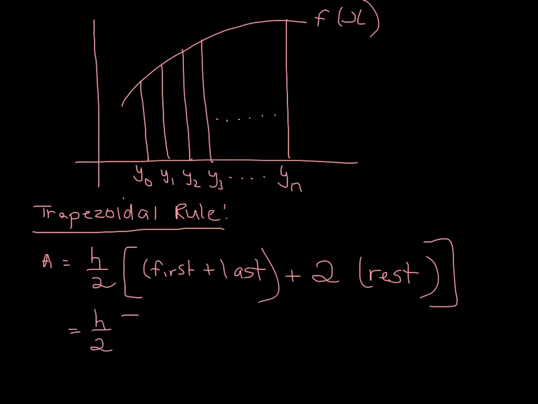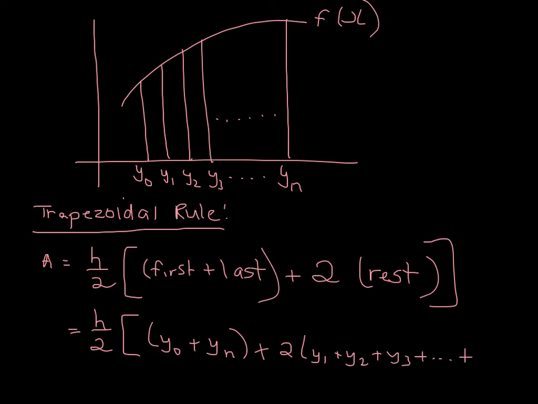It's h on 2 into y0, which means the y value at the 0 point there, plus yn, the very last one, is the general term, hence the dots here. We don't know how many trapezia we're going to have a look at. Plus 2 lots of, and then we've got y1 plus y2 plus y3 plus down to, now what's this last one here?